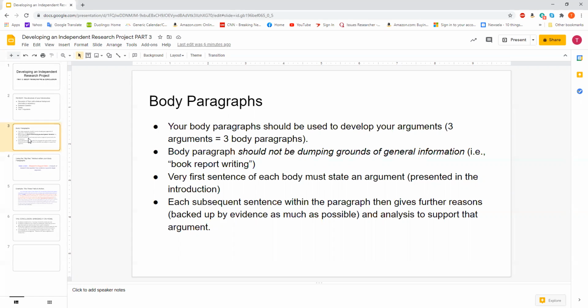After you state the argument of that particular body paragraph, each subsequent sentence is then going to be a space to give further reasons and explanation and analysis to support that argument. So you might want to think of the body paragraph as its own little mini essay in which you state an argument in the very first sentence, and then every sentence that follows within that paragraph is all devoted to supporting, analyzing, using persuasive language to prove that argument.